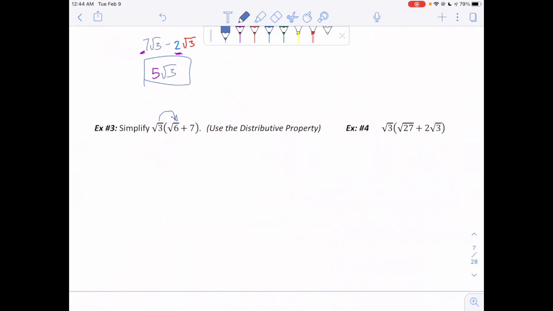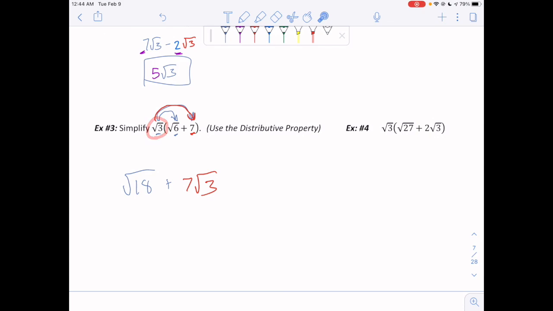All right. Now we're going to practice using the distributive property with this. Radical 3 times the quantity radical 6 plus 7. Okay, you do it to each number. Radical 3 times radical 6, radical 18. Plus 7 times radical 3, right? You simply put the 7 in front of that radical 3. So kind of absorb that step there.